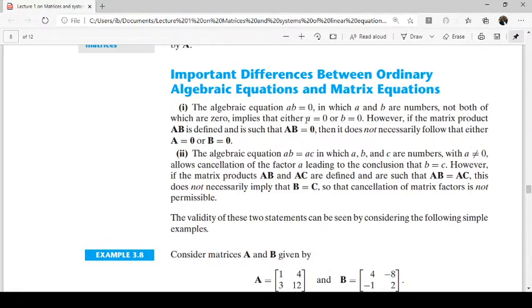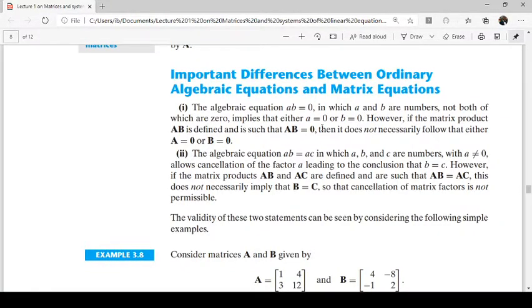Sometimes I can have A to be 4 and B to be 0, then I'll get this. So it implies that it's not necessary that both elements are 0. It's either A is 0 or B is 0.